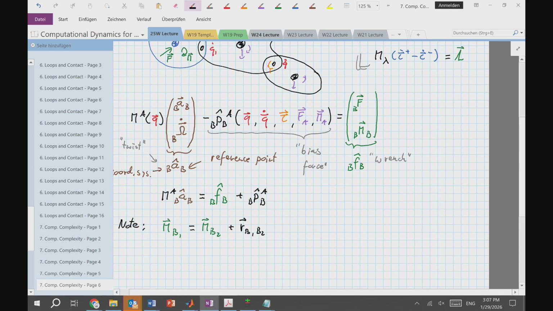And we get that via the cross product of the lever arm from B1 to B2 cross F.